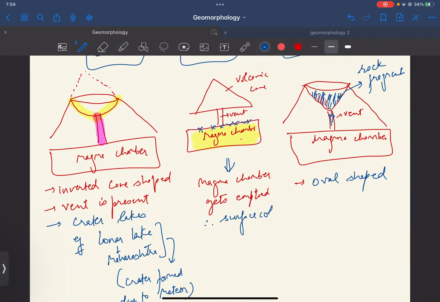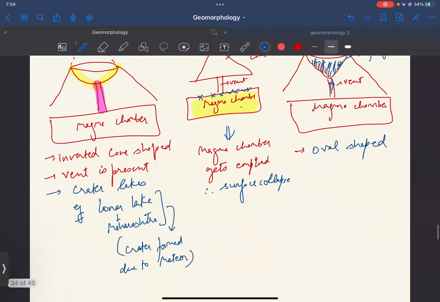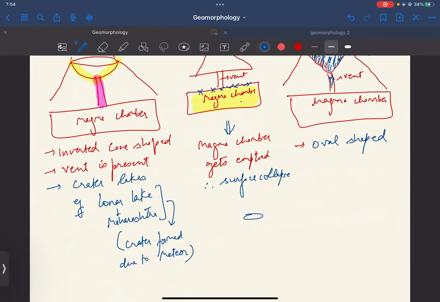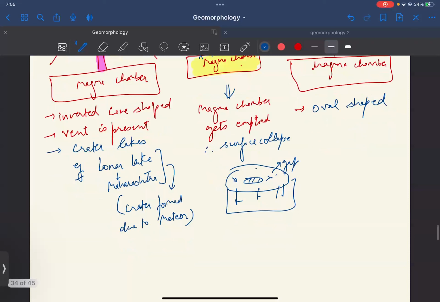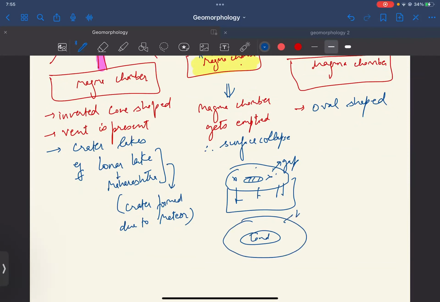Surface collapse, and it will look like this. At the center you have the volcanic mountain, and in the other regions there is a gap. The gap is formed because of the collapse, because this region gets collapsed beneath. So it will appear like there's a land mass surrounded by a hollow mass. So this is what a caldera is basically.